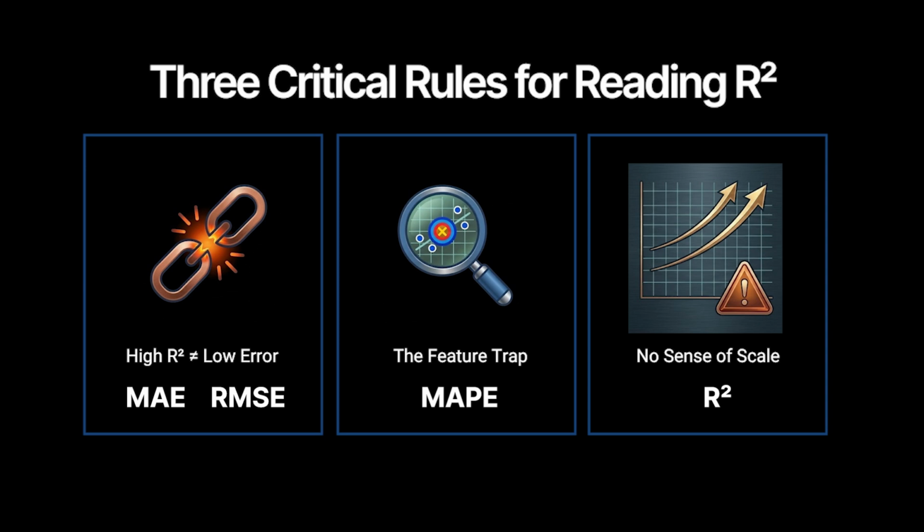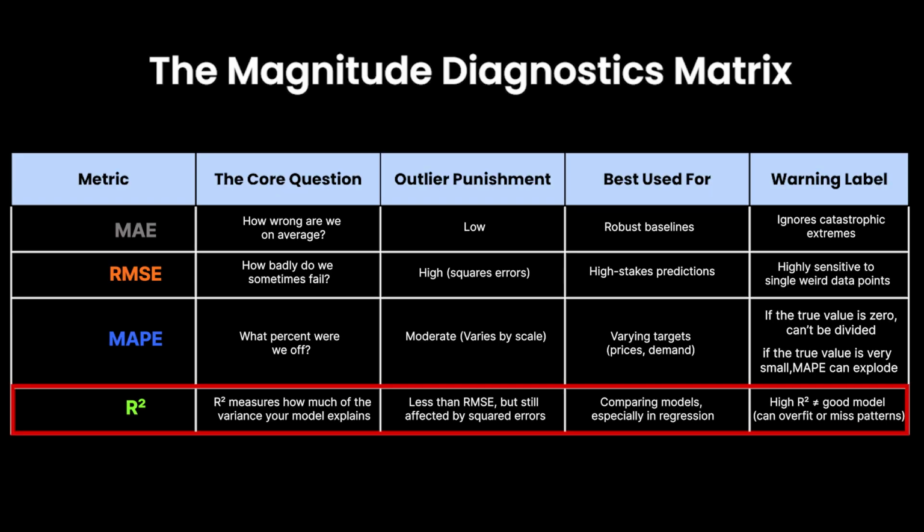So each metric here essentially answers a different question about your model and how it's making its predictions. When you evaluate a regression model, you can of course use all of these metrics. Each one tells you something different about the model. Some tell you how wrong you are, how dangerously wrong you are, how wrong you are relative to the scale, and how much of the pattern you have actually captured.